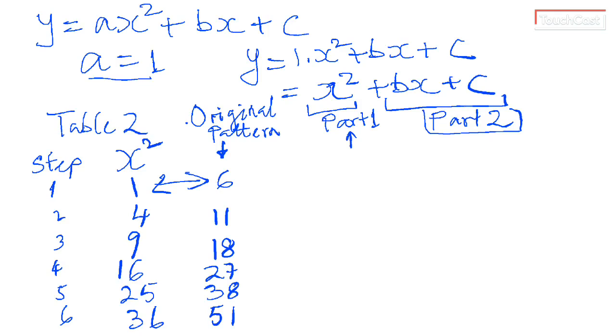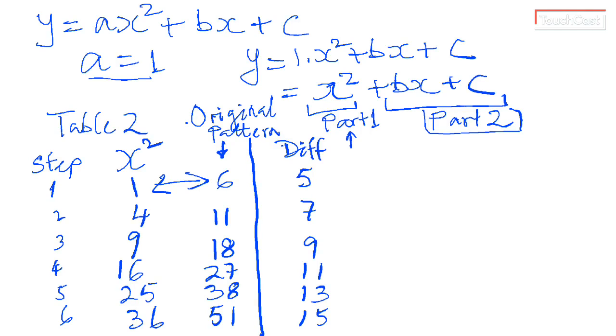So 6 minus 1 is 5, then 7, 9, 11, 13, and 15.